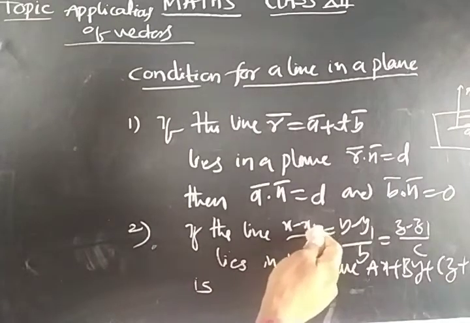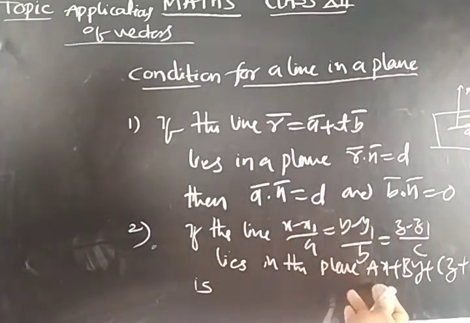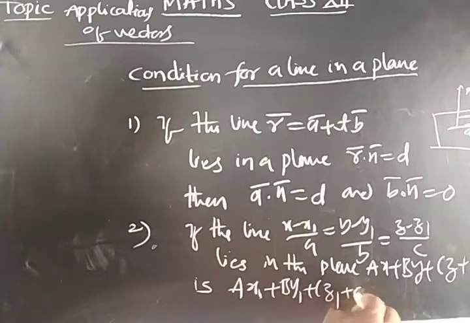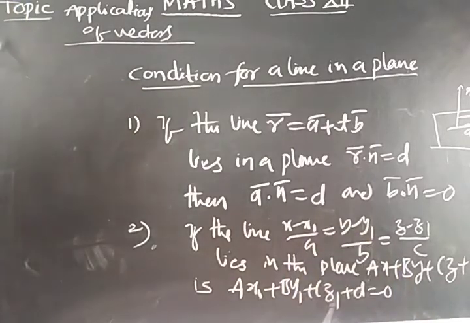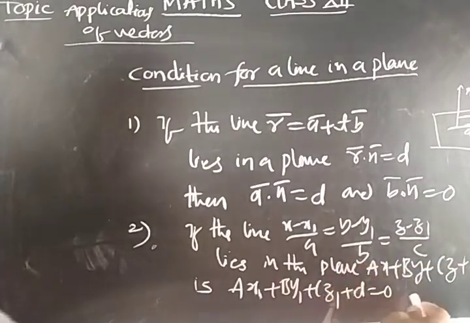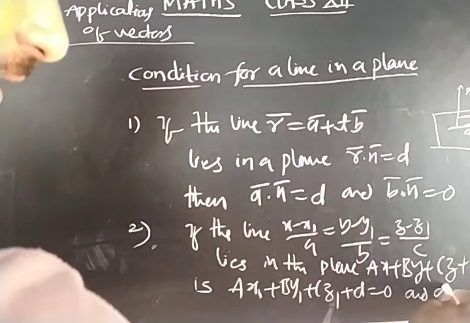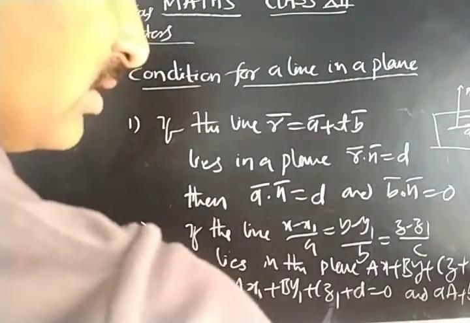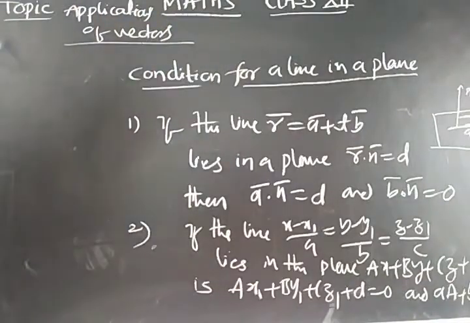This point on the line, x1 y1 z1, the same point lies on the plane. So you have to show a x1 plus b y1 plus c z1 plus d is equal to 0. By substituting that point in the plane you should get 0. And the line's direction ratios are perpendicular to the plane's normal direction ratios. So one more condition: a into capital A, plus b into capital B, plus c into capital C should be equal to 0. These are the conditions for a line to lie in a plane.